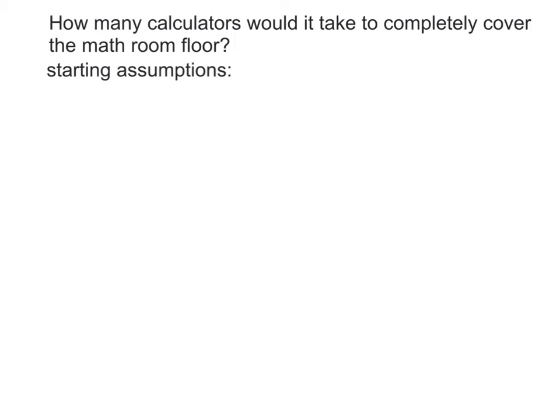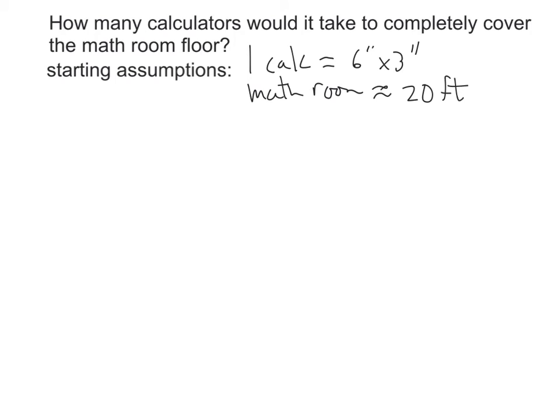Our starting assumptions, let's assume one calculator is approximately 6 inches by 3 inches, and let's assume that the math room is, say, 20 feet by 25 feet. Those are rough numbers, nothing perfect there, but that'll do us. So we want our answer in calculators per math room. So here are the units we want.